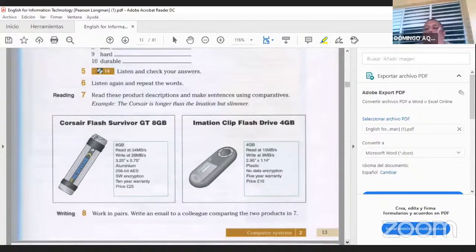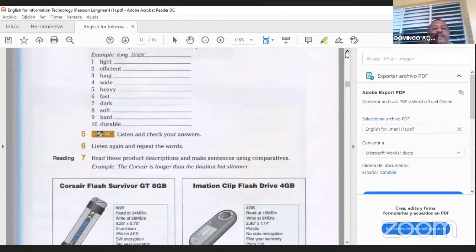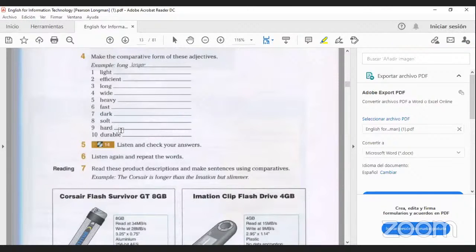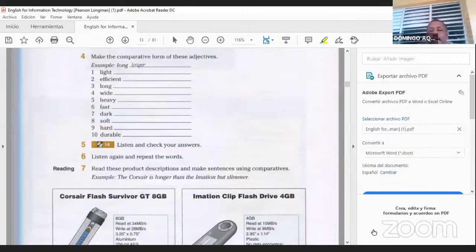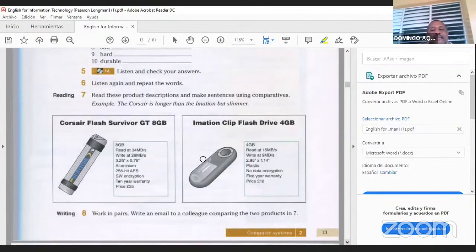Okay, people. I want you to make comparative sentences using the adjectives that we have here. For example, we have adjectives like light, efficient, long, wide, heavy, fast, dark, soft, and durable. Now here in this exercise, what I want you to do is to make sentences using adjectives with a comparative.